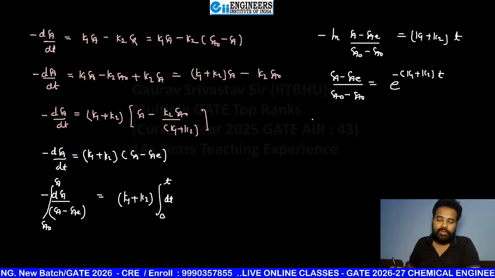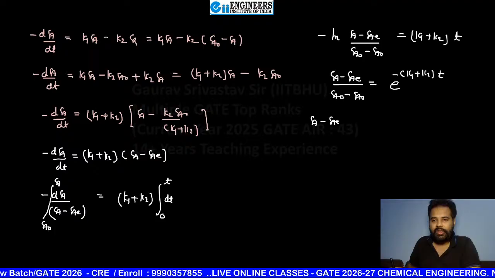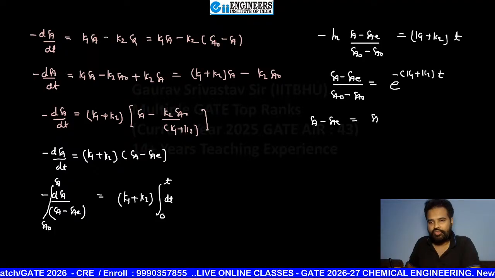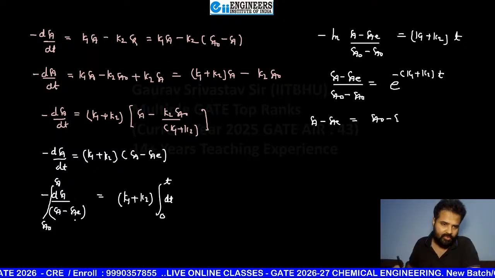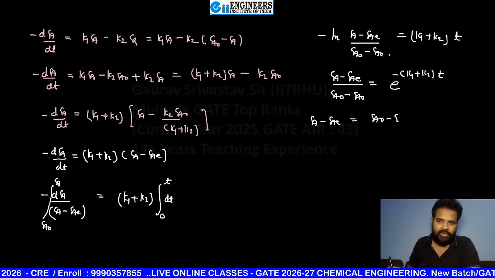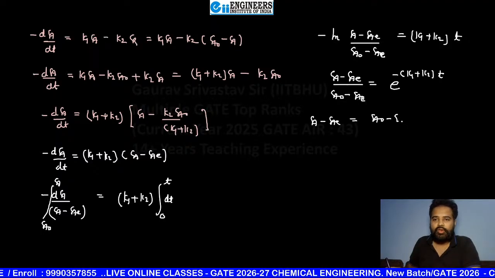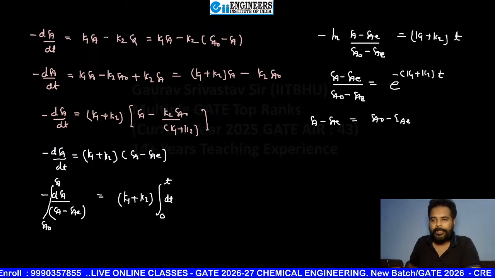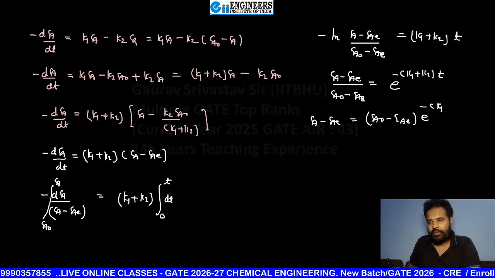And now see the expression required: CA minus CAE equals CA naught minus CAE into e raised to power minus k1 plus k2 t.